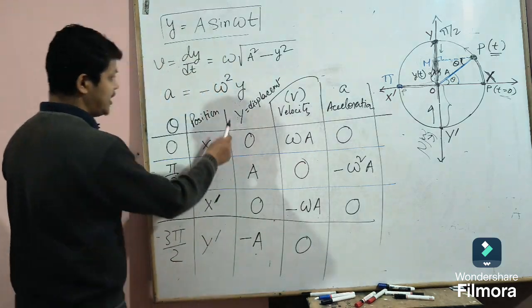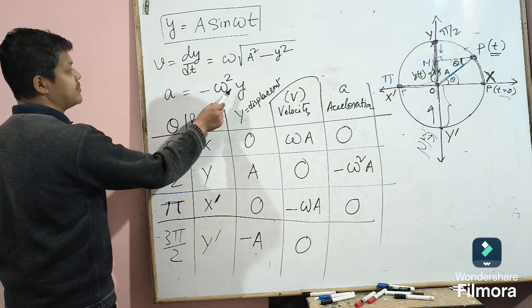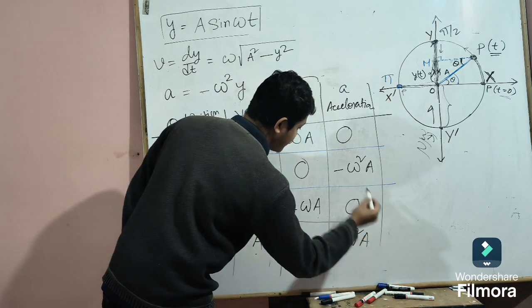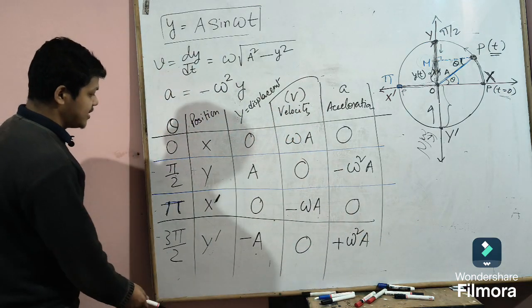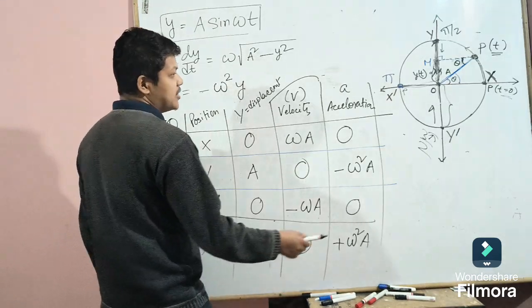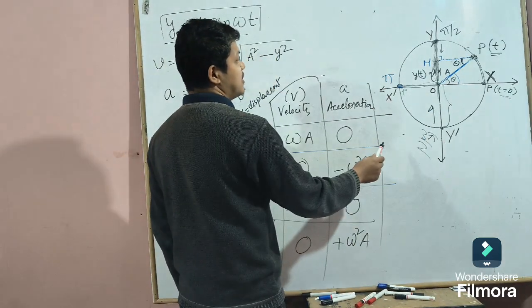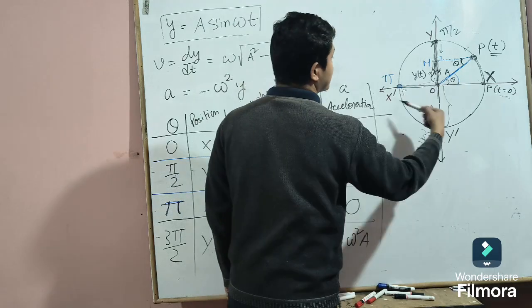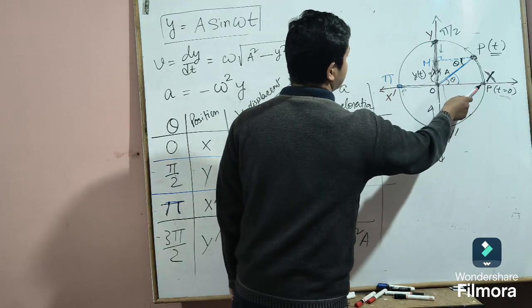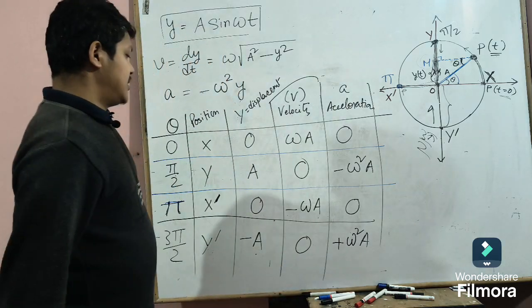So, y is equal to minus a. If you put here minus a, minus minus becomes plus. So here we're going to get positive omega square a, right? Again if you take 2 pi, then again you're going to get these results, because after completing one cycle, that is 2 pi, the particle will be at this position again, right?